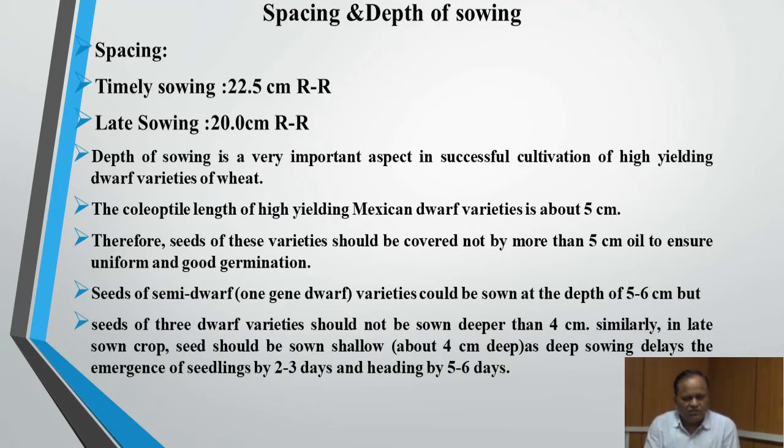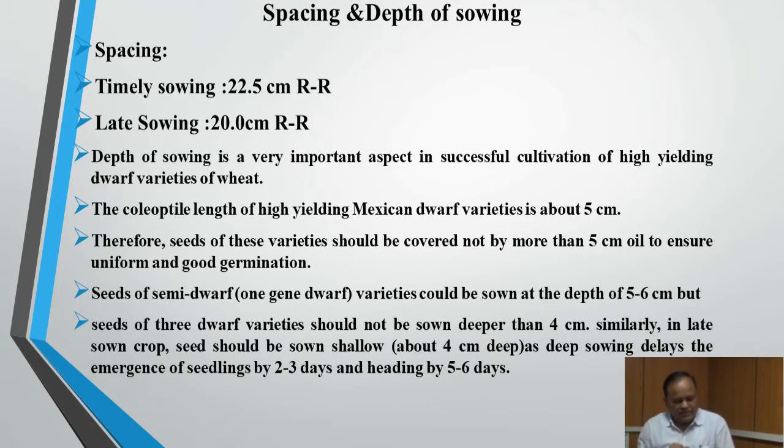And if you want to grow in late sown condition, that is the first week of December, then you have to decrease the spacing, and the spacing will be 20 centimeter row to row. Here we do not maintain the distance between plant to plant.